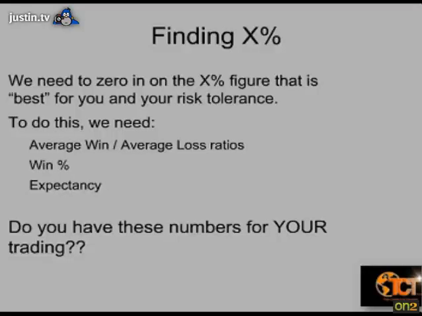The win percentage is the percentage of your trades that you actually do win. So a coin toss is a 50% ratio, a long-term trend follower might get a 30 or 40% win ratio, a scalper might expect to get 60 or 70 or 80%. And the other figure is expectancy, and that's simply whether your system expects to make money over the long term.